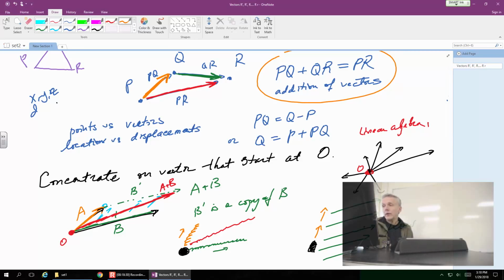And that's what the addition means here. Instead of your intended target here, you end up over here. So that's the physics interpretation of adding vectors.